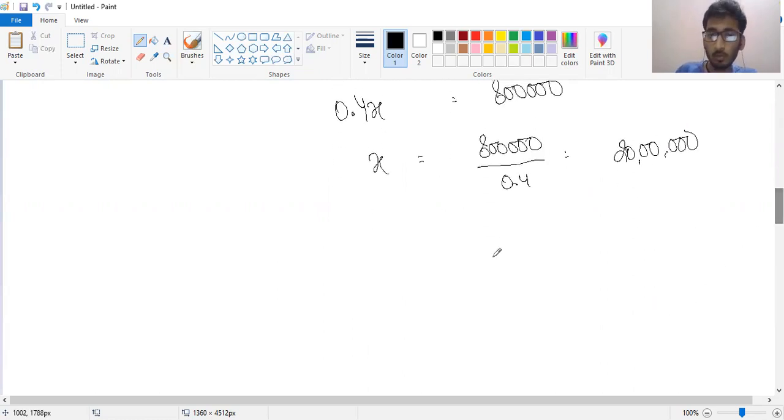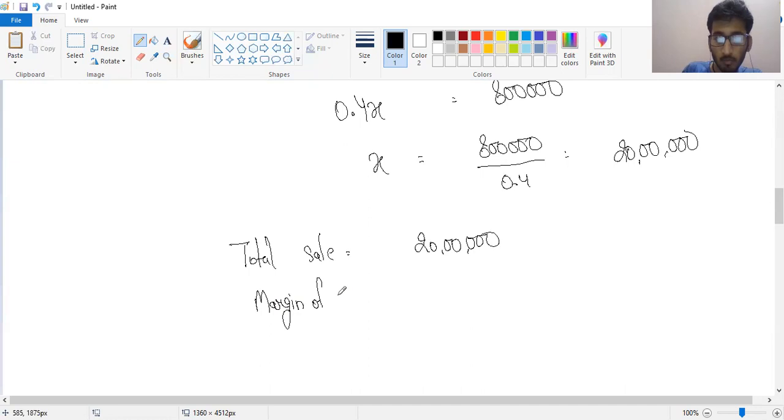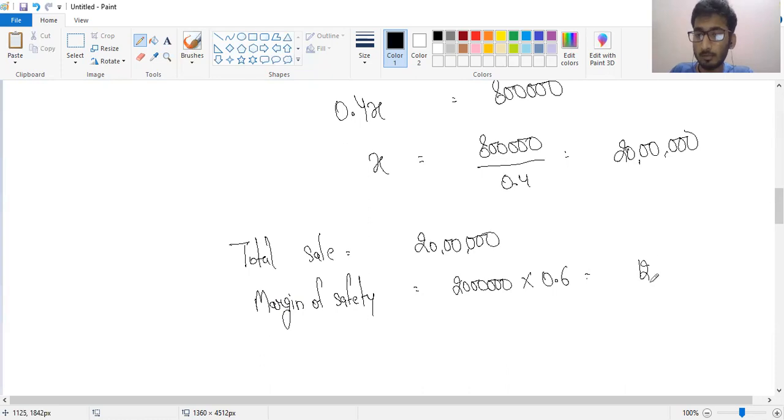So you can say total sale is 20 lakh. Margin of safety is 20 lakh multiplied by 0.6 or 60%, which is 12 lakh.